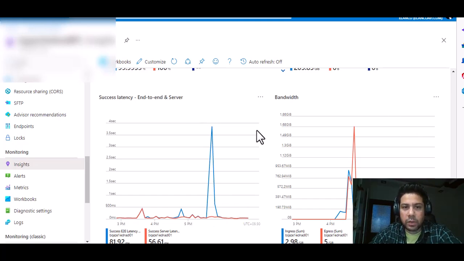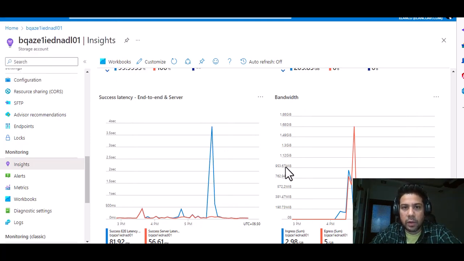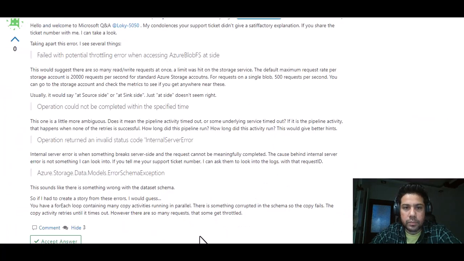So yeah, it's been a good learning experience. I would just like to summarize what we have found. First, the number of requests per second should not go beyond 20K for the storage account, and should not go beyond 500 for a single blob.